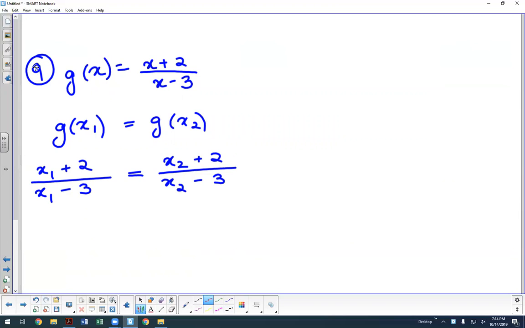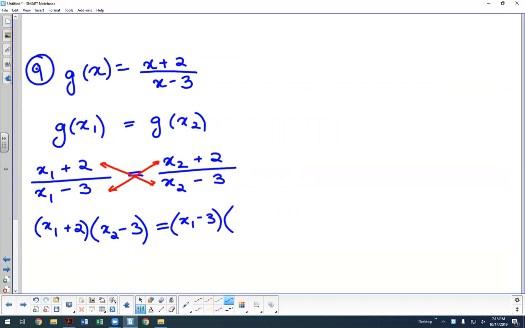Since this is one fraction on the left, one fraction on the right, I can actually use cross product to simplify these guys out. So that will end up giving us x sub 1 plus 2 multiplied with x sub 2 minus 3. So again, cross product, we are doing x sub 1 minus 3 multiplied with x sub 2 plus 2.